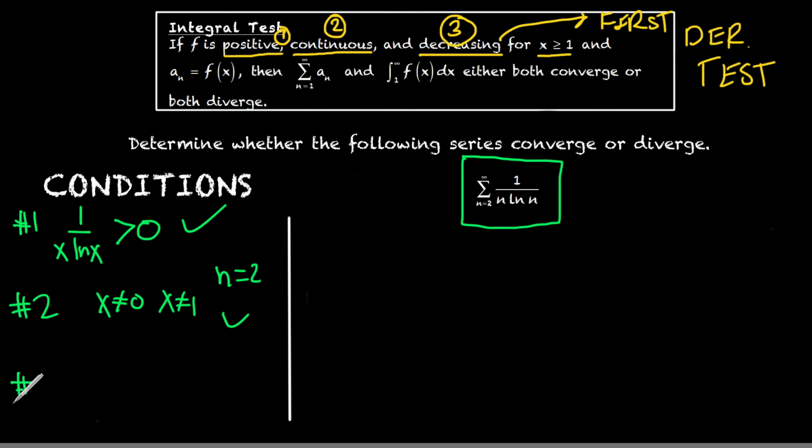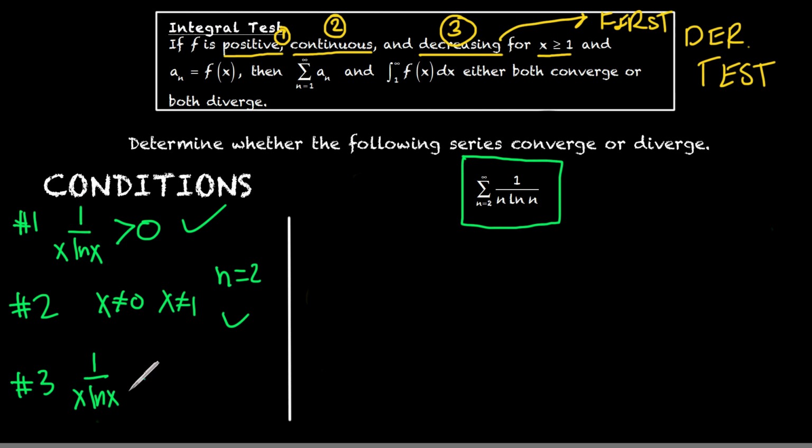And then number 3, we just have to prove that it is a decreasing function. We can just use a little bit of logic. If you have 1 over x natural log of x, as x gets bigger, the denominator is going to be getting bigger, which means the overall number is going to be getting smaller.